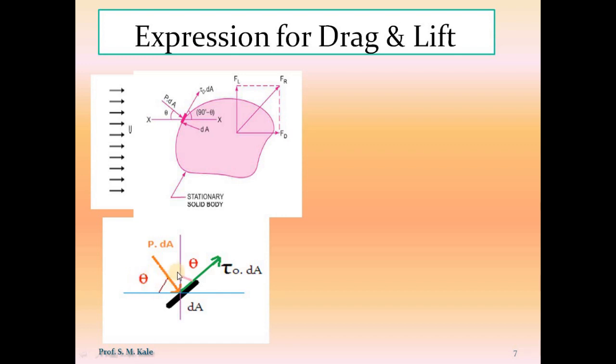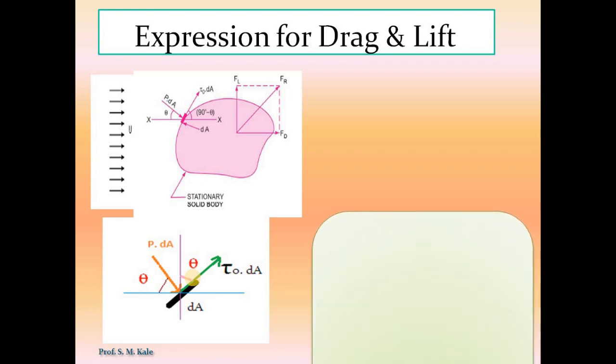So the remaining angle will be equal to 90 minus theta, because the horizontal and vertical make an angle of 90 degrees. Again, PdA and tau 0 dA are making an angle of 90 degrees. So if the angle of PdA with vertical is 90 minus theta, then tau 0 dA with vertical will be theta.